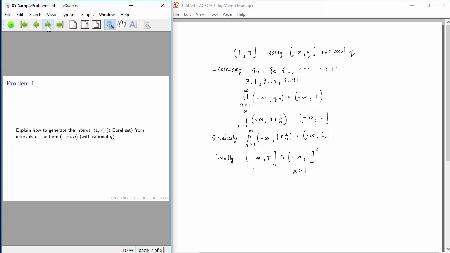These are numbers with the property that x is less than or equal to pi, and therefore the intersection of those two sets is the set of numbers that are greater than 1 and less than or equal to pi, exactly the half-open, half-closed interval that I wanted.